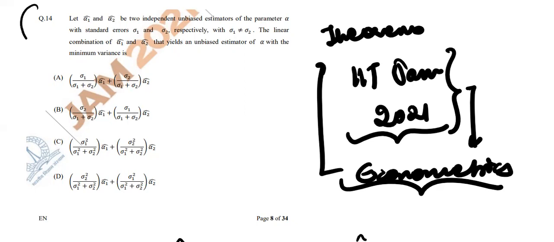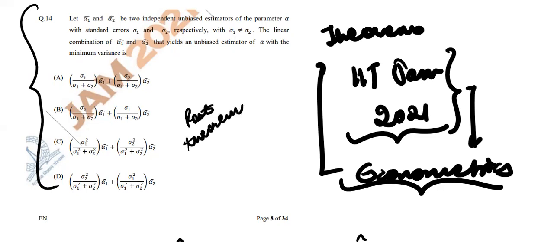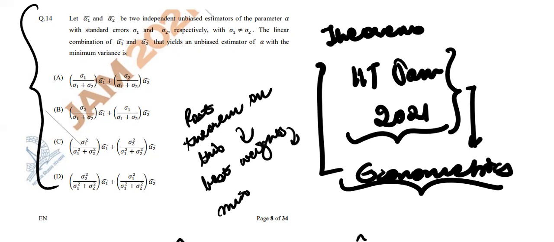I'll also post a theorem proving which are the best weights which, when used, will give you the minimum variance. But for now, I'm not going to prove that theorem. I'm just going to pick up the lengthy way and solve this question.